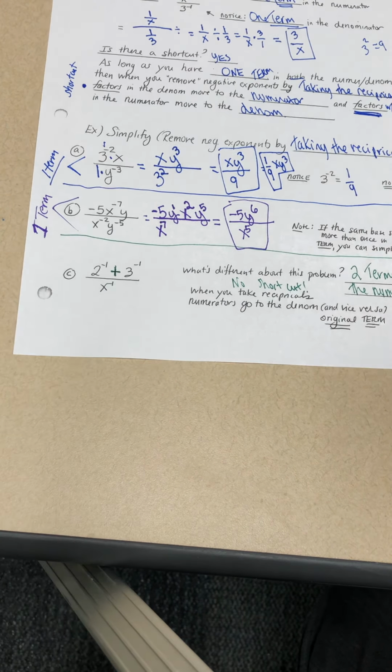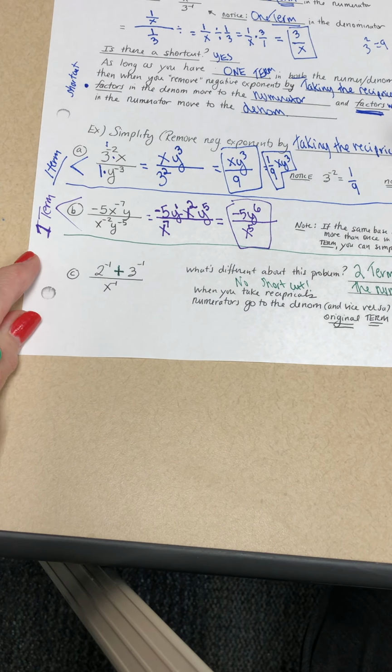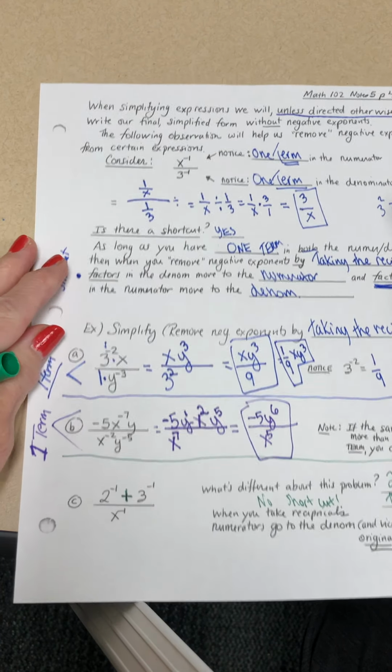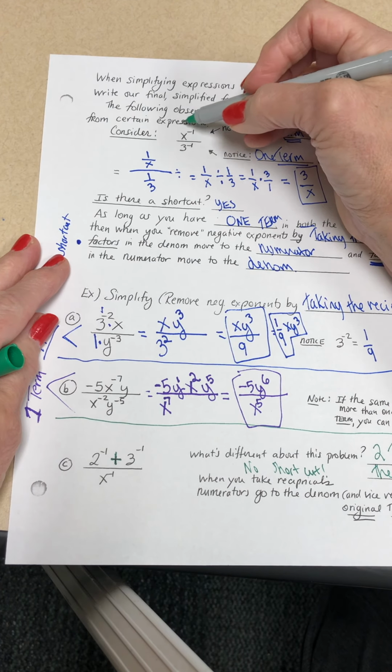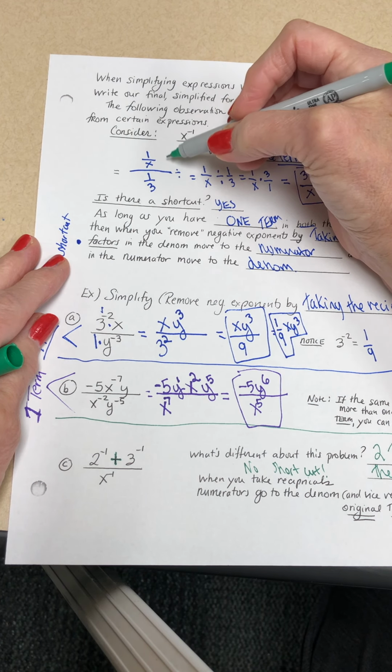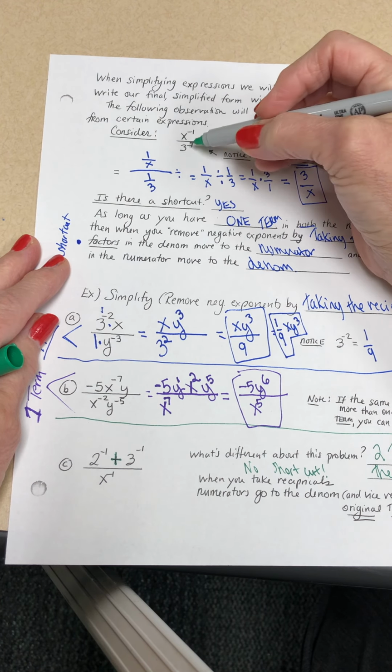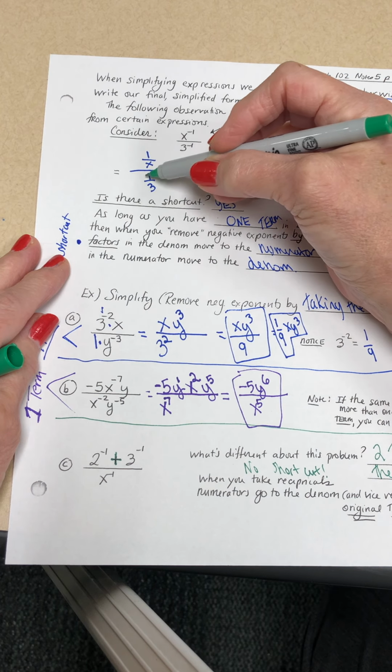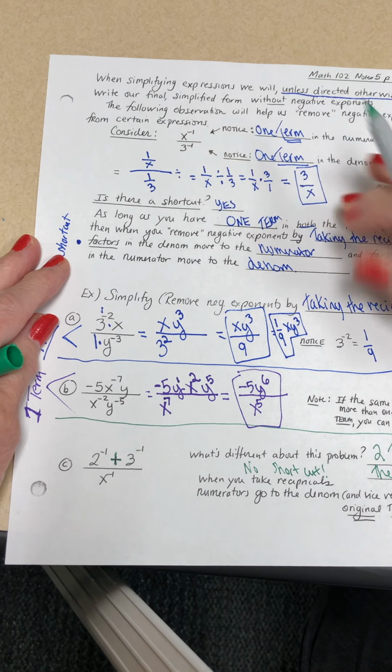So I have to go back and do things the same way I did them before. And if you remember, when we looked at the very first problem before we knew the shortcut, we said, hey, if this term is in the numerator, its reciprocal will be in the numerator. If this term starts in the denominator, its reciprocal will be in the denominator.